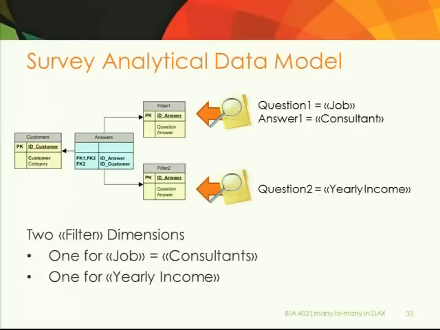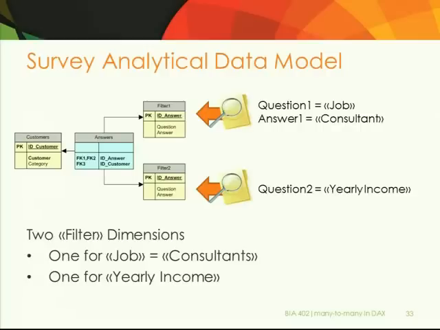On the first table that I call filter 1, I will select as question 1 job and answer 1 consultant. So I will select only rows where filter 1 will contain this answer. On filter 2, I just select question 2 yearly income to see what are the different values for the answer on filter 2.